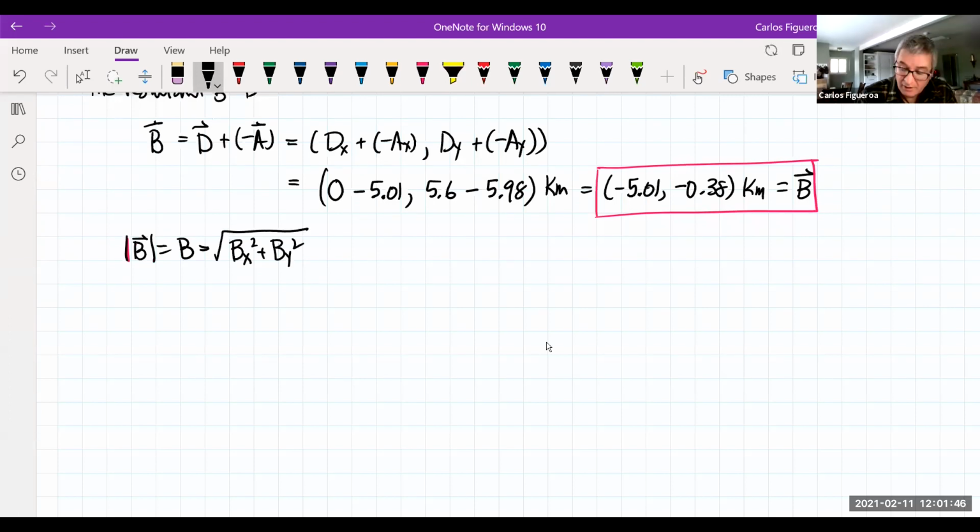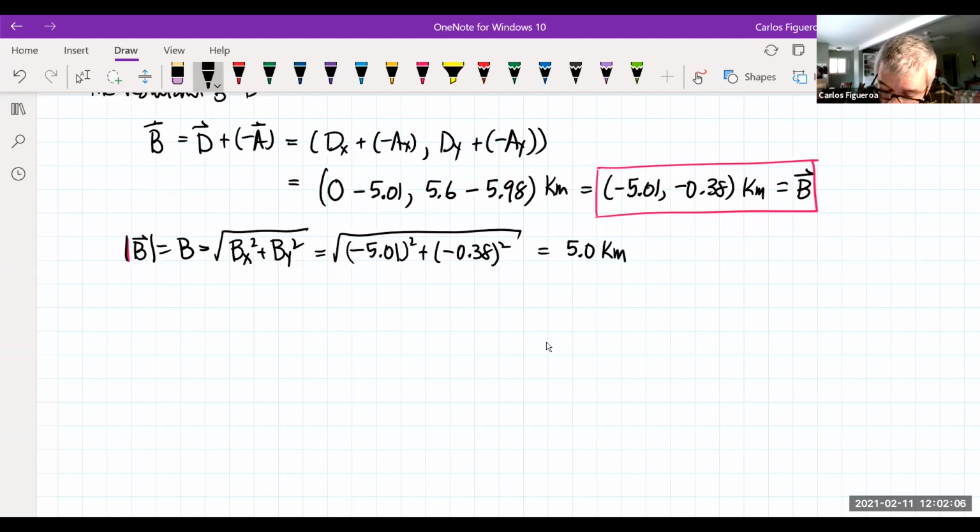In other words, this is minus 5.01 squared plus minus 0.38 squared, square root, and I get a value that reads 5.0 kilometers for the magnitude of B.